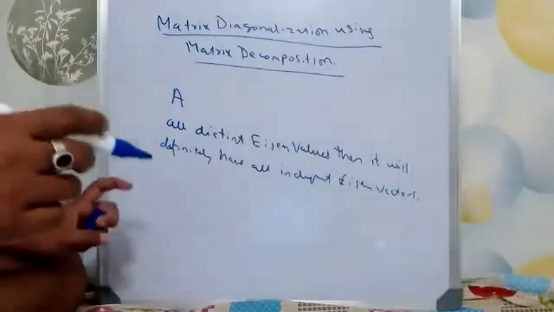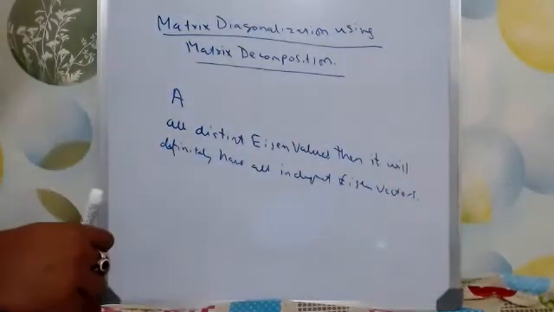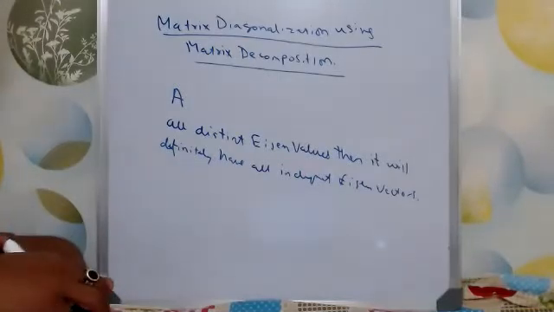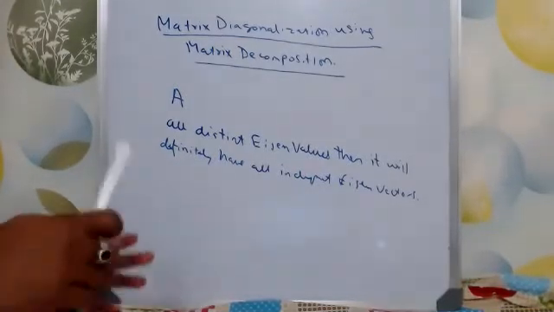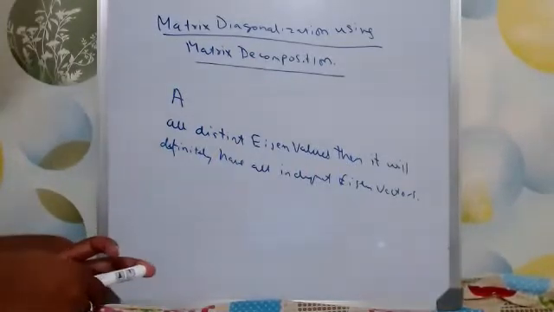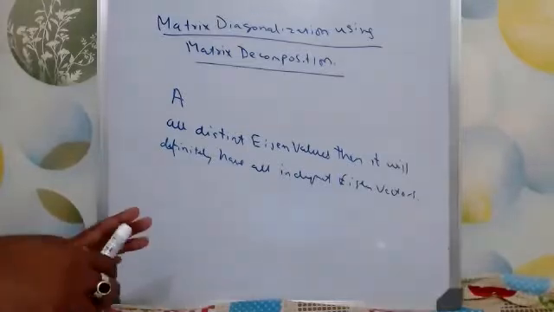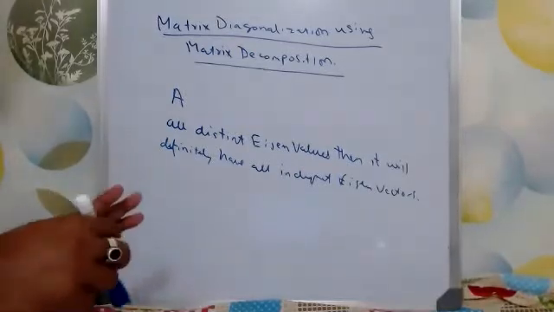So if a matrix A has all distinct eigenvalues, it means that eigenvalues are not repeated. Okay? So this eigenvalue is what? A scalar number. So the scalar number should not be repeated. If a matrix A has all distinct eigenvalues, then it will definitely have all independent eigenvectors.